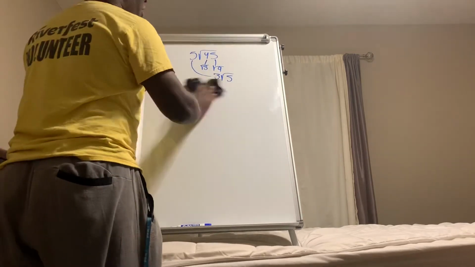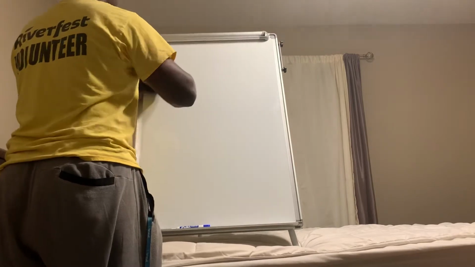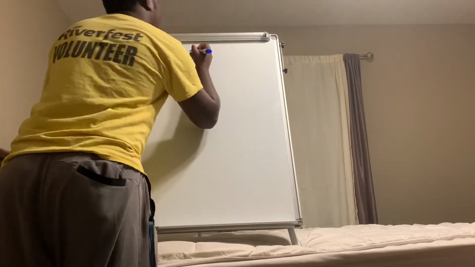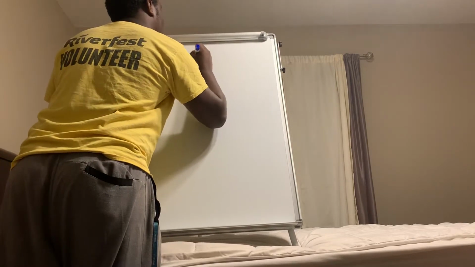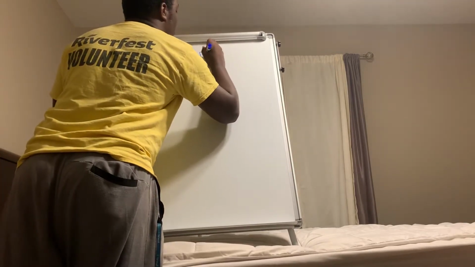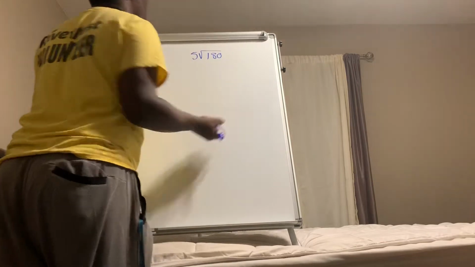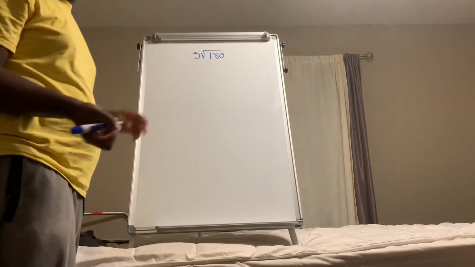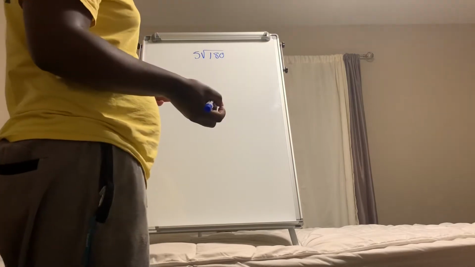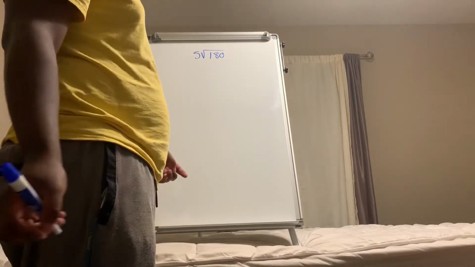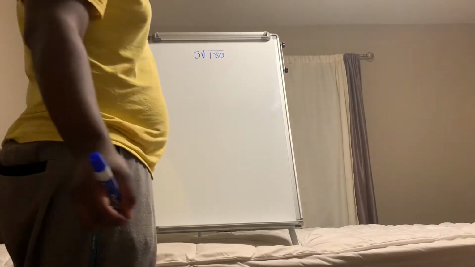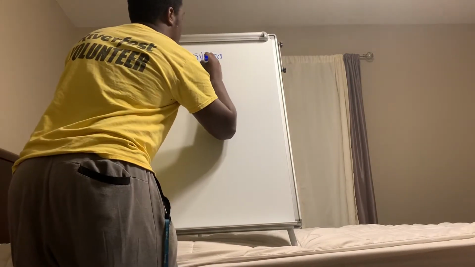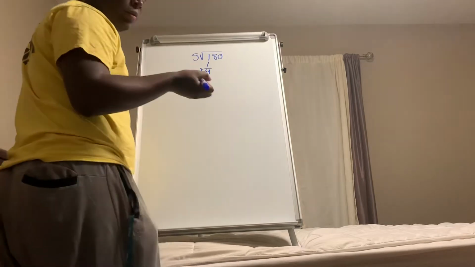We did not have 180. Okay, so our next question is 5 radical 180. For this one, by just looking at 180 without any prior math knowledge, we can tell there's going to at least be a 4 in there. So we're going to take the square root of 4 out, which we know is 2.